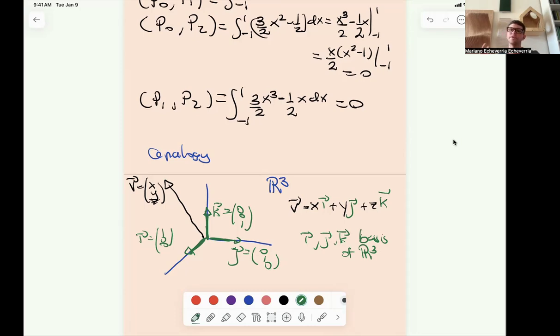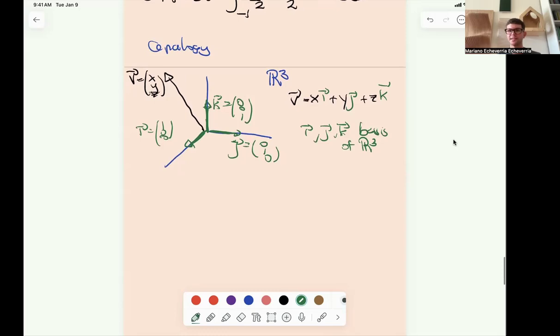So the analogy you should have in mind is that the fact that P0, P1, and P2 are perpendicular, or orthogonal in some sense, means that something similar happens. But instead of working on R3, you're working on the degree 2 polynomials, because they require three parameters, C0, C1, and C2.